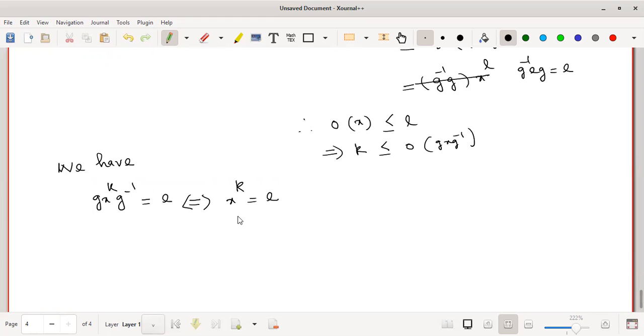From the above. And this actually means that gxg inverse whole to the power k, because gx to the power k g inverse is the same as gxg inverse whole to the power k, is equal to identity if and only if x to the power k is equal to identity.